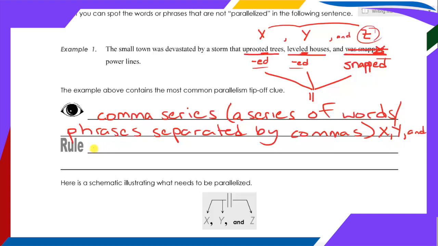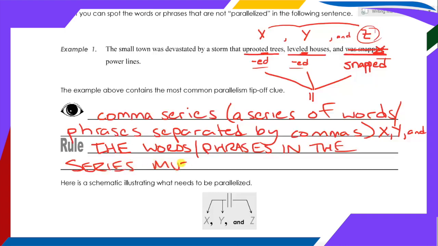And the rule is, as we said before, I'm going to switch into some capital letters here. The words or phrases in the series must have the same form or part of speech.